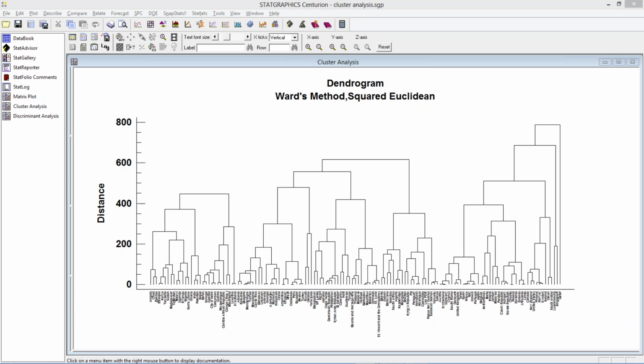When you want to make best differentiation between groups, what methods of cluster analysis do you suggest? To be honest, I think Statgraphics makes it easy enough to try them all and to see which one gives you the output that makes most sense. I mean, there's lots of arguments amongst people about what's the best method to use. Is it Ward's method? Is it farthest neighbor method?